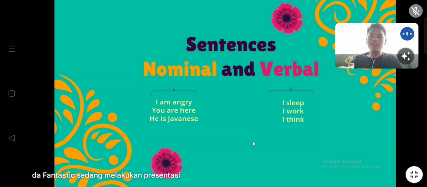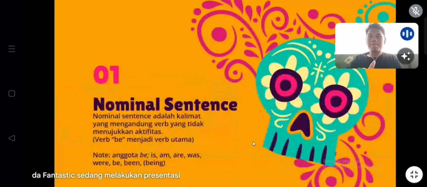Next is nominal sentence. So what is a nominal sentence? A nominal sentence is a sentence that has a verb. Remember, it has a verb but it doesn't show any activity at all, like what I said before in the example. The kind of verb that doesn't show any activity is be.